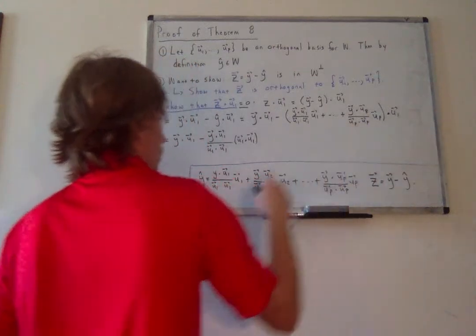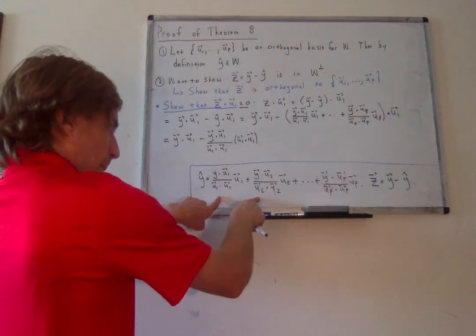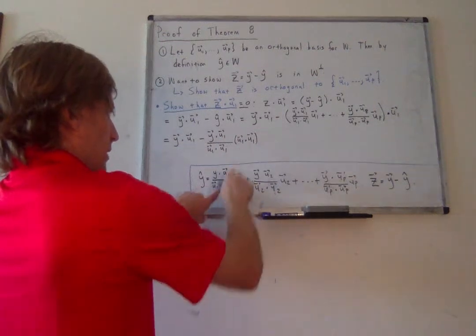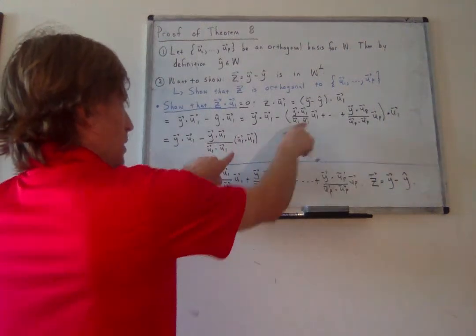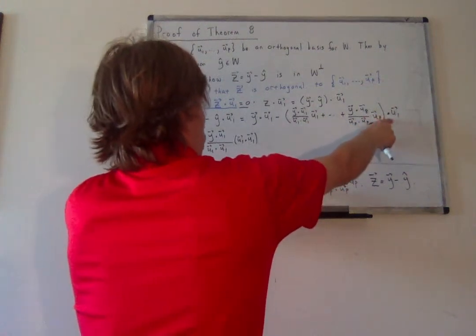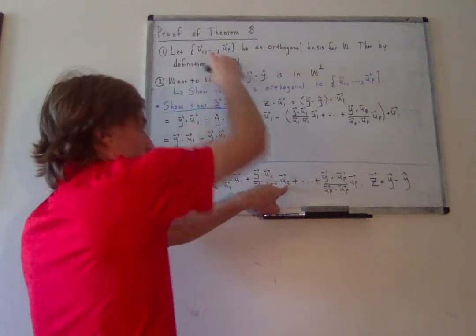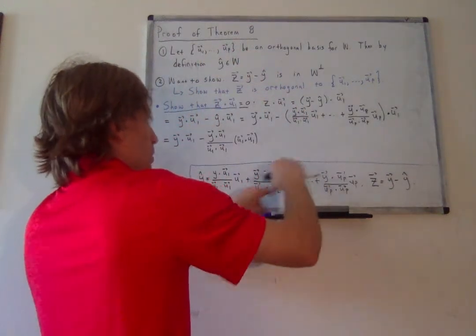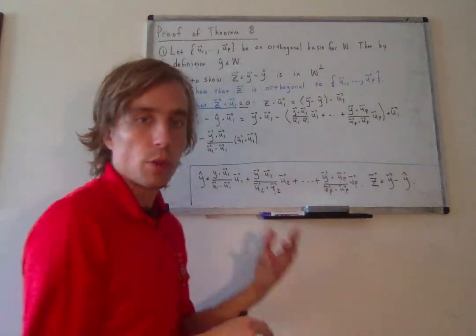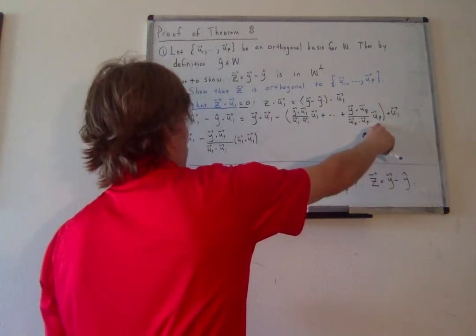So to reiterate that last step, I'm going to distribute this u1 using the dot product through each one of these terms. Since each one of these fractions is a scalar, I can rearrange this as this scalar times the dot product of whatever vector I had with u1. But since this basis was assumed to be orthogonal, u1 dot u2 is equal to 0, u1 dot u3 is equal to 0, u1 dot up is equal to 0.